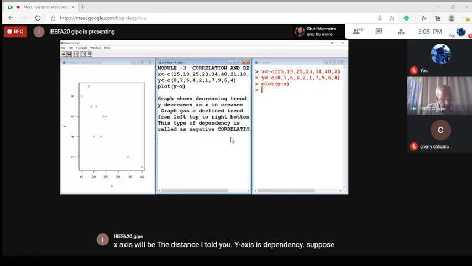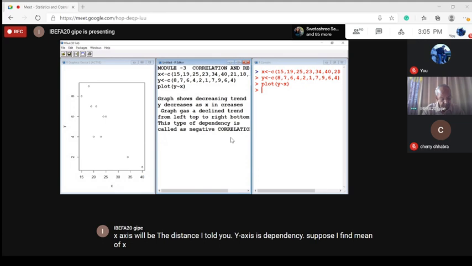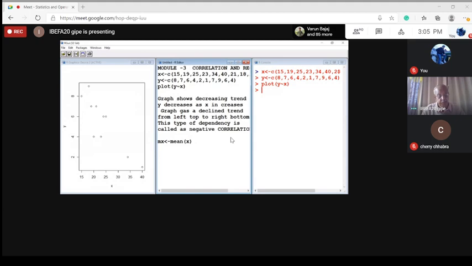Suppose I find the mean of X and the mean of Y. Already I have shown you, without computation, no statistical work.